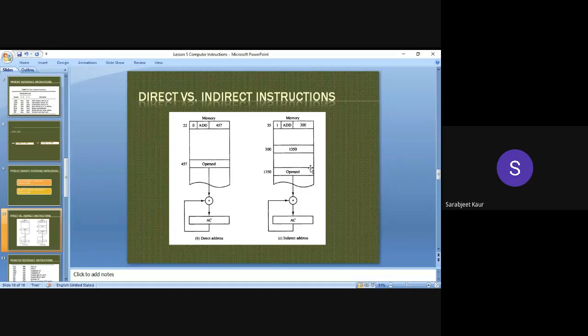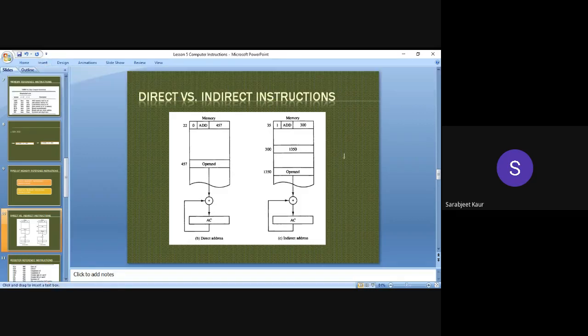Since there is an additional indirection, instead of going directly to this address and finding the operand, we go to this address, and then we get the actual address of the operand. The actual address of the operand is also known as the effective address.